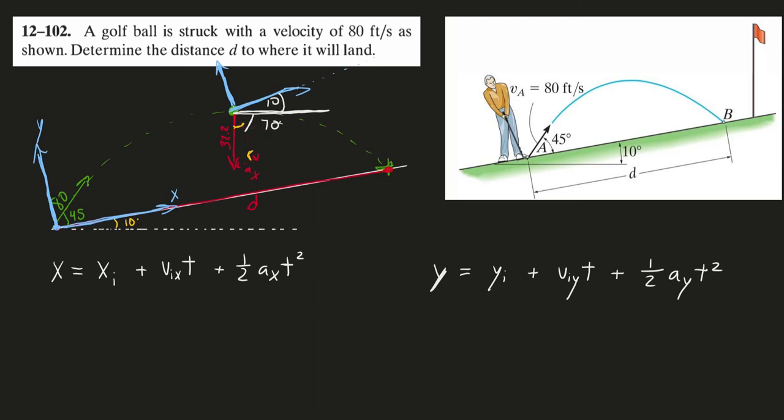And then focusing on my horizontal axis and a downwards vertical axis, there's another 90-degree angle, which means that this small angle that we're really looking for is actually 10.